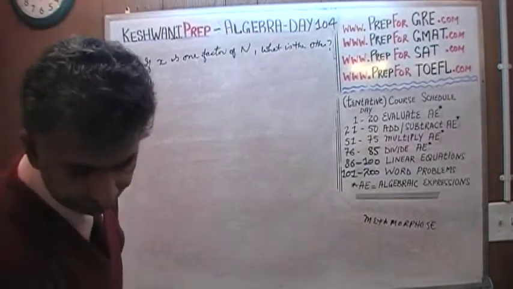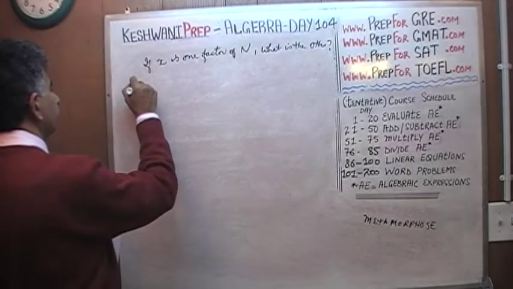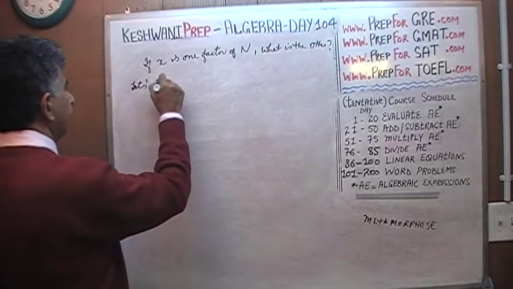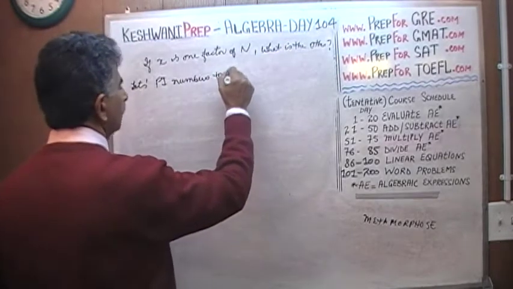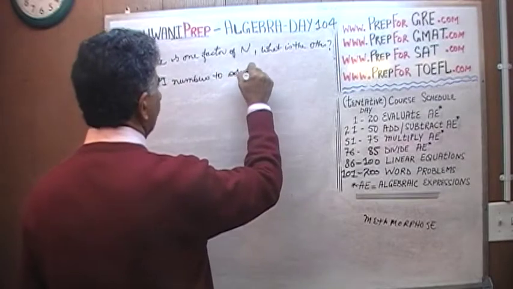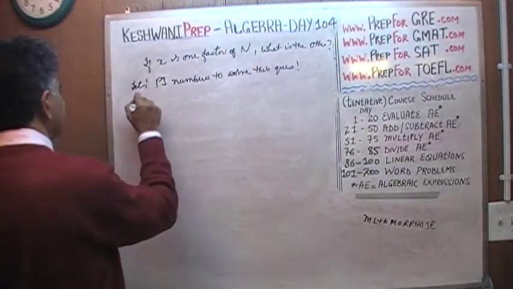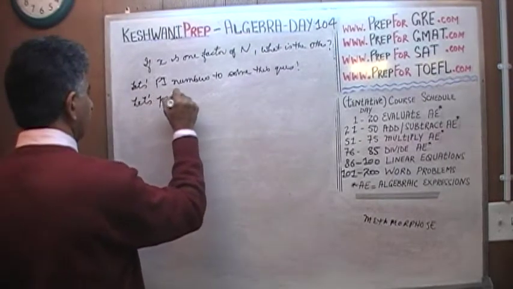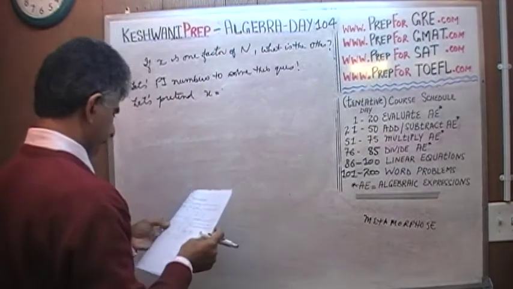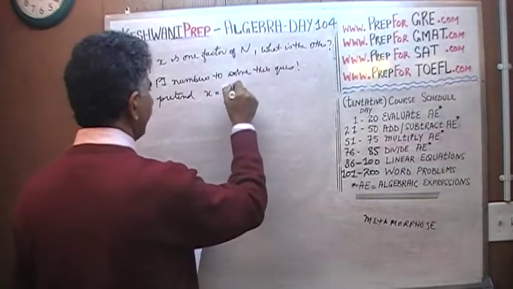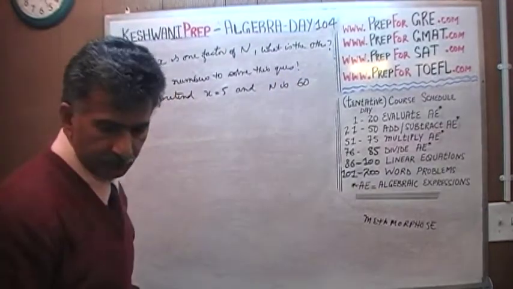Let's pretend x is, what do you want x to be? x is 5 and n is 60.